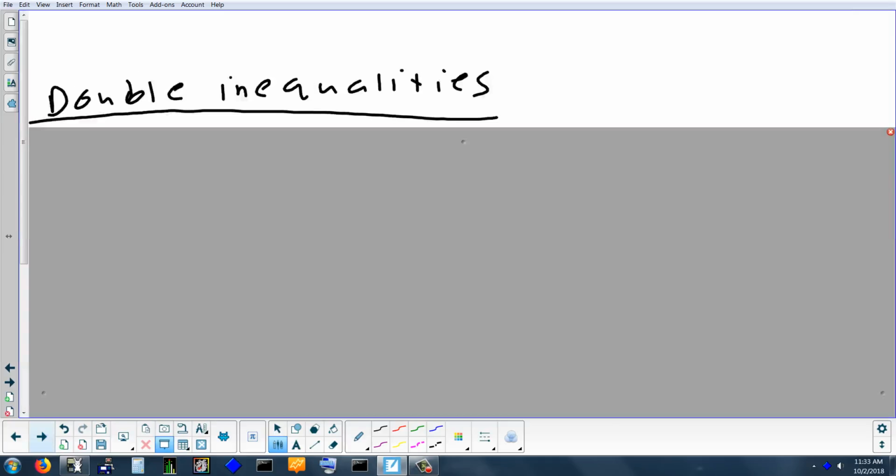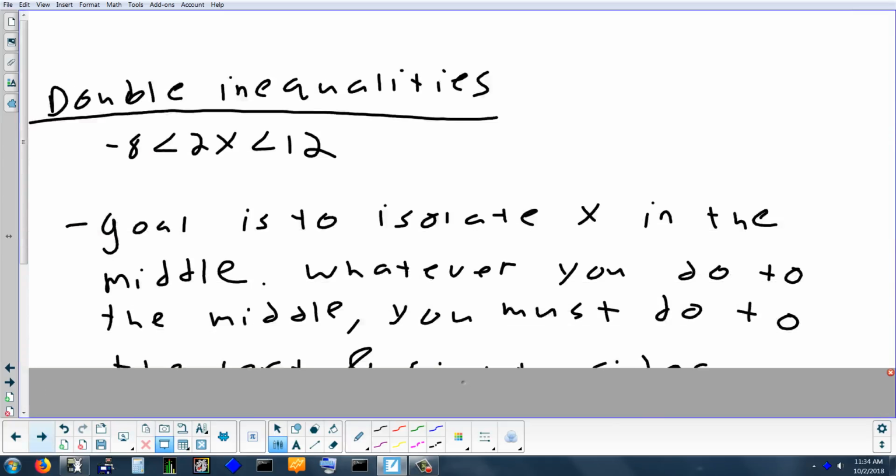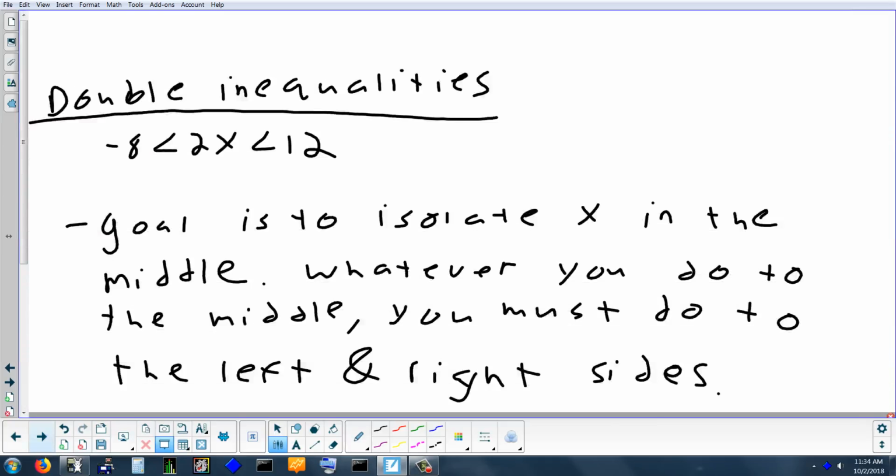All right, so let's look at this one. So we've already looked at conjunctions. Sometimes we call it like a double inequality. And to solve something like this, the goal is to get x in the middle by itself. So the only thing you have to remember is whatever you do to the middle, you have to do on the left and you have to do on the right. So instead of just doing something on both sides, you'd have to do something on all 3 parts.